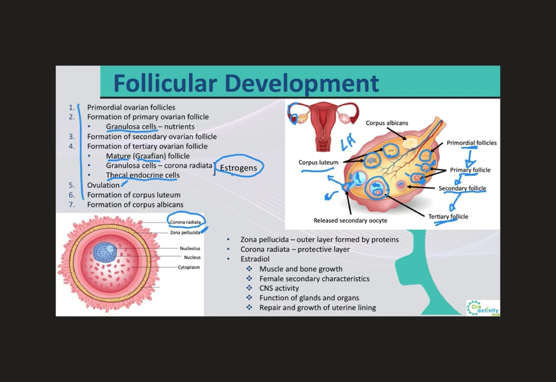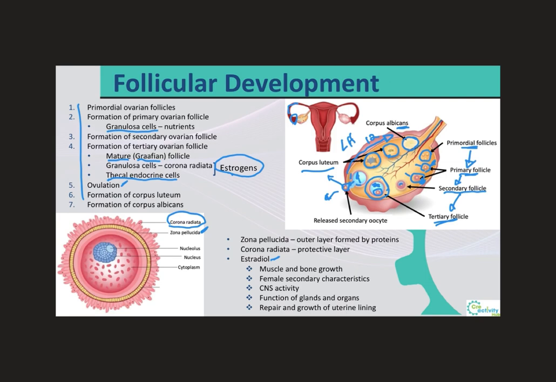Within 12 days after ovulation, if no fertilization takes place, the corpus luteum will begin to degenerate by invasion of fibroblasts, and it will become a non-functional corpus luteum, producing a knot of pale scar tissue called the corpus albicans.